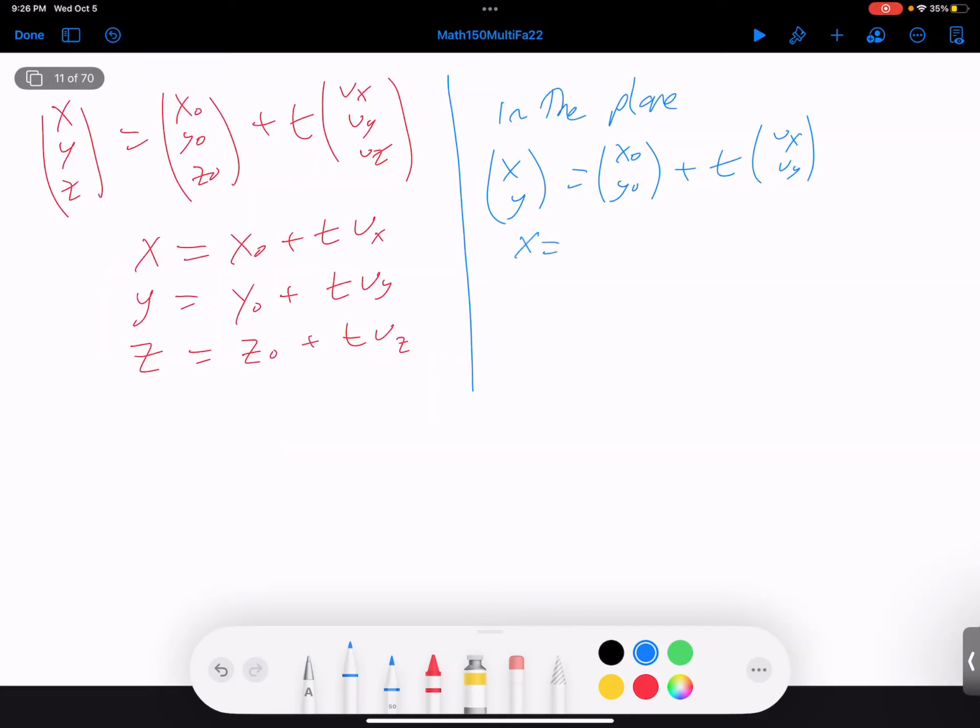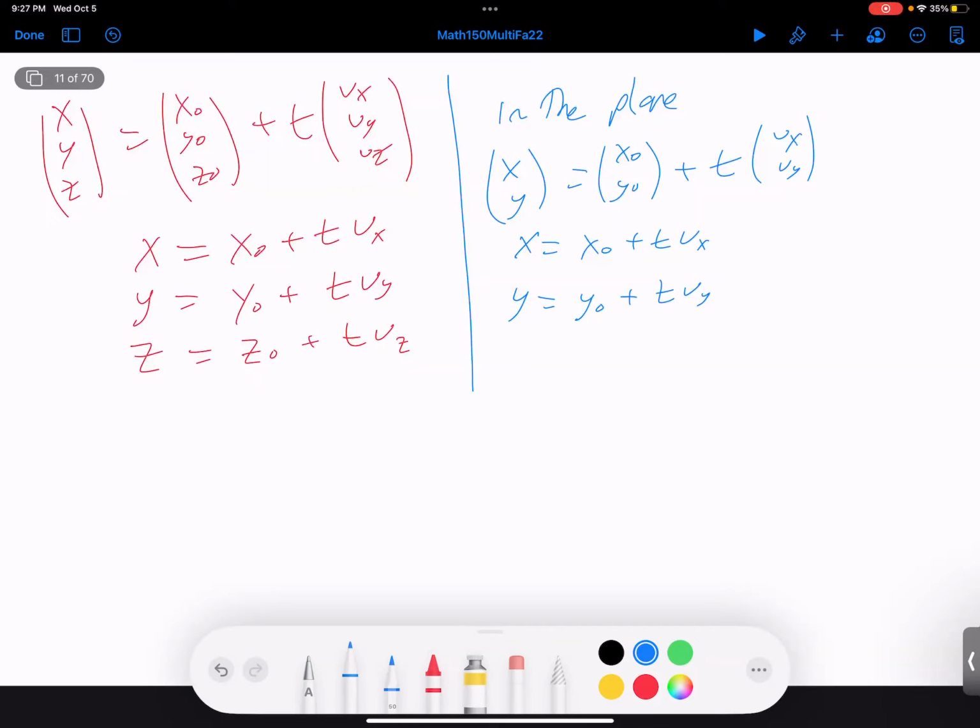So we have x is x naught plus t vx, y is y naught plus t vy. How could I create one equation from this? I want something involving just x's and y's. So what do I have to get rid of?